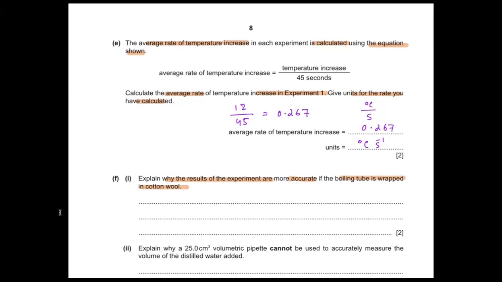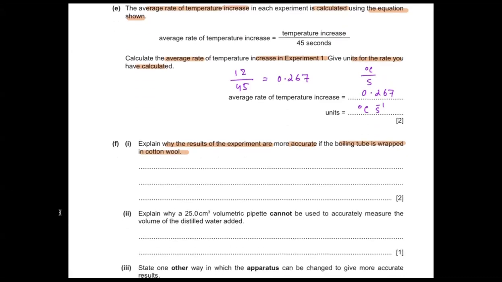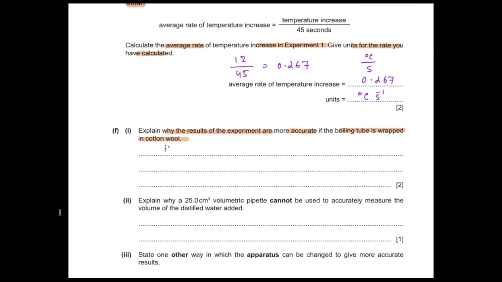Yeah, it acts as an insulator, right? It insulates, so it will award you 1 mark, and you have to get 2 marks. So you can further explain. So less heat loss occurs.